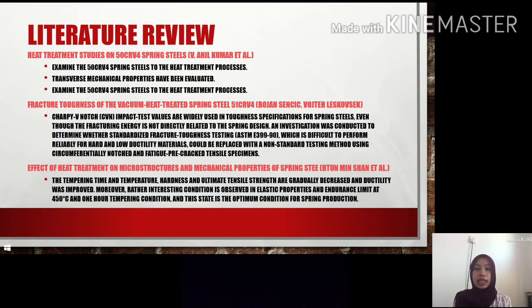Okay, the last is effect of heat treatment on microstructure and mechanical properties of spring steel from Min-Shan and his friends. With increasing tempering time and temperature, hardness and ultimate tensile strength gradually decreased and ductility was improved.